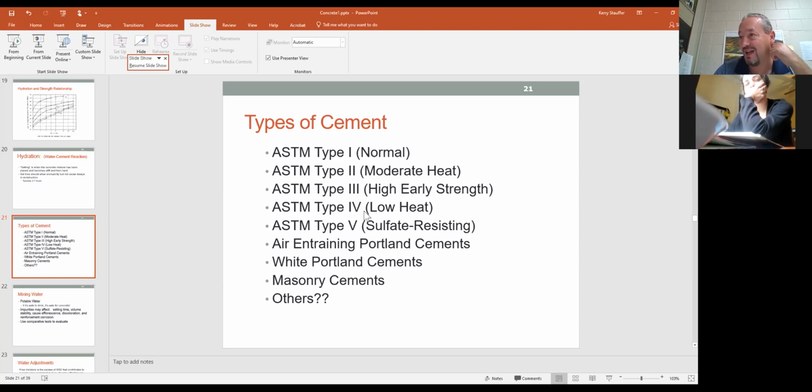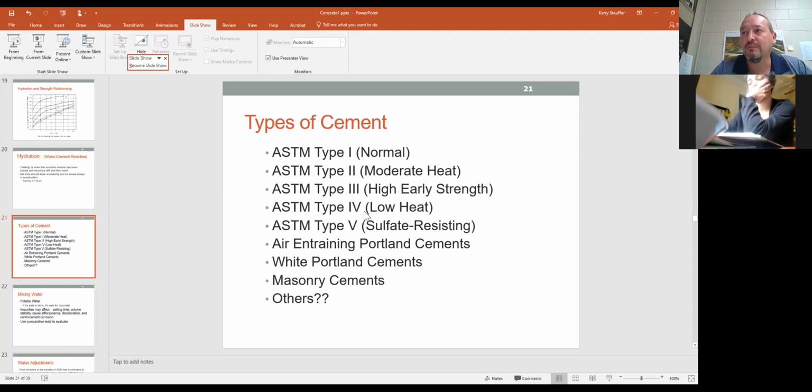For those types of mass concrete, you might pick a type 4. I've not got much experience with a type 5, but I guess if you had something in the soil that would react with the concrete, a sulfate resisting type, something that's going to be detrimental to the life or longevity of the concrete, then you would use that.